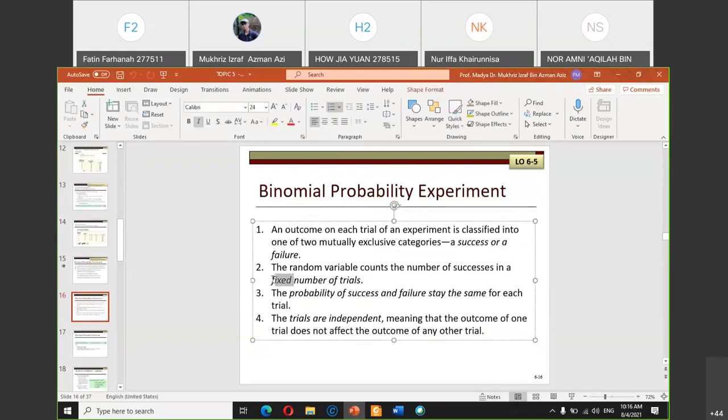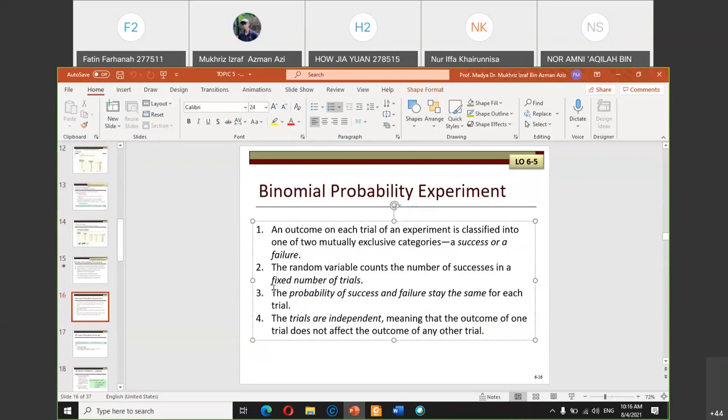So let's say you decide that you want to toss the coin 10 times. You can only toss the coin 10 times, not less and not more than 10 times. So the number of trials must be fixed. You cannot simply decide later how many trials. Let's say you want to get the number of heads 3 in a row.